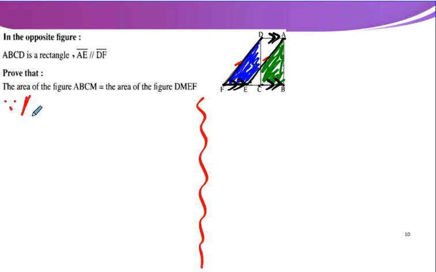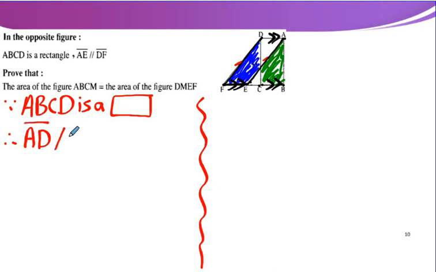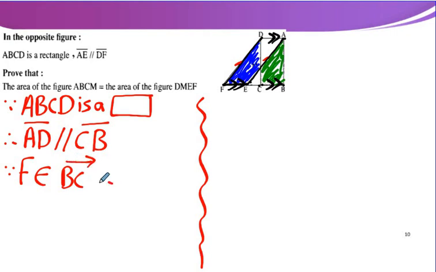Since ABCD is a rectangle, then AD is parallel to CB, right? From the properties of the rectangle. And since F belongs to the ray BC, then AD is parallel to EF. This is number 1.